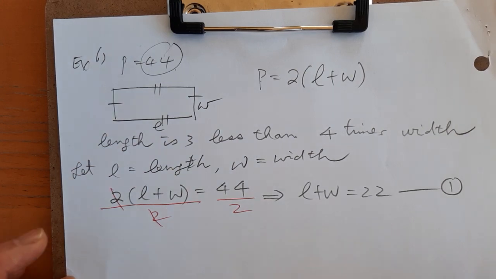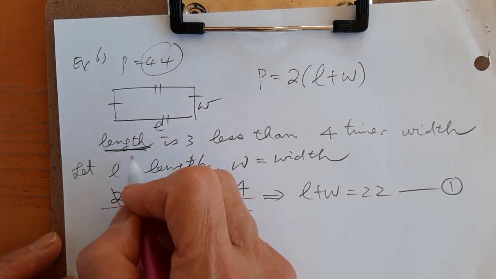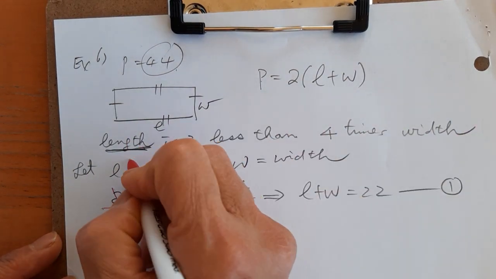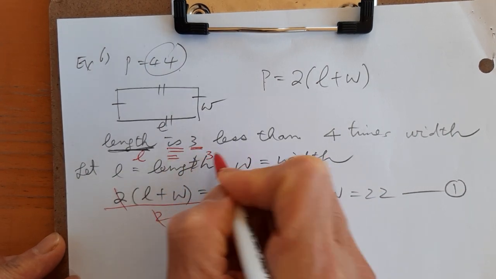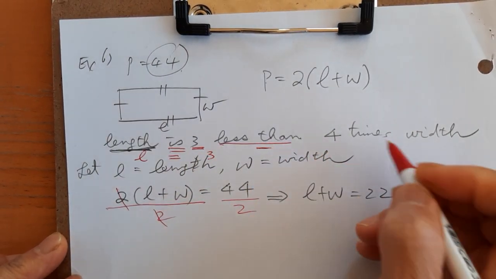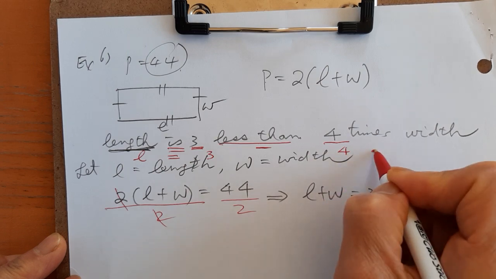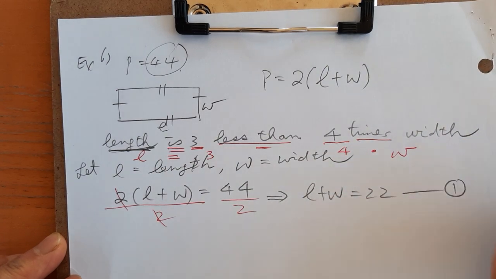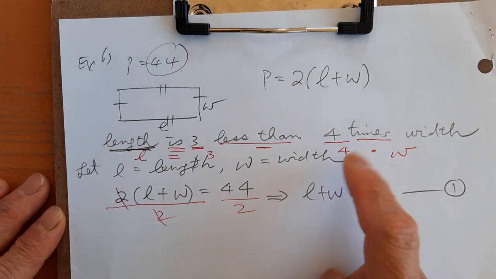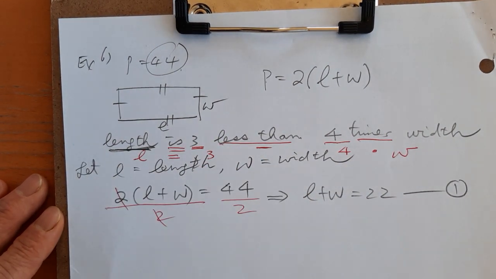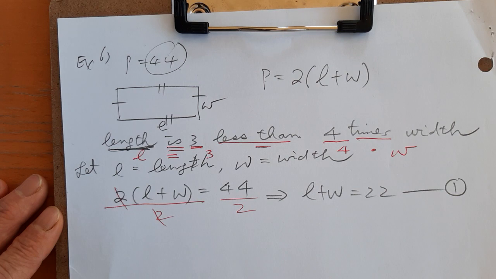And then here it says the length, which is L, is equal to... 3 less than, which is minus, 4 times, which is multiplication, the width, W. So 4W minus 3. 3 less than 4 times the width.